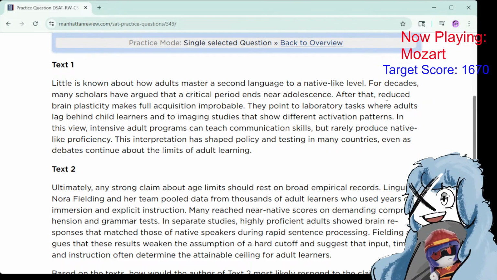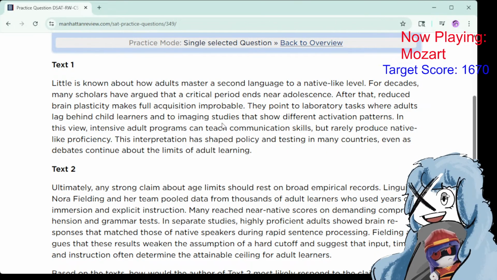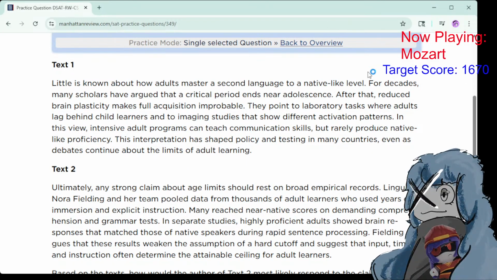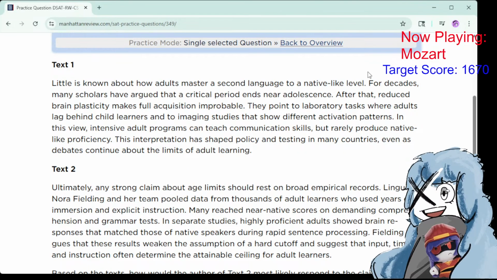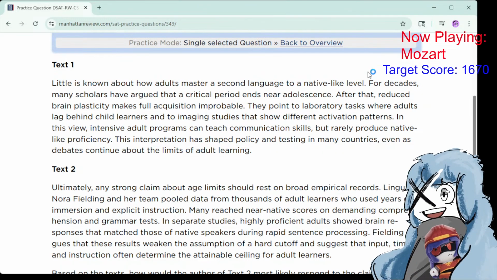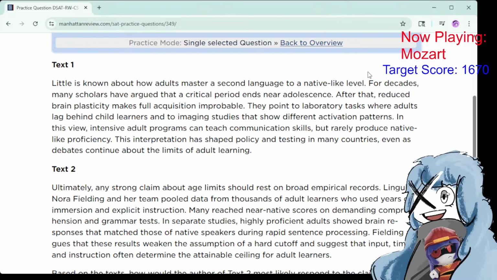They point to laboratory tasks where adults lag behind child learners and to imaging studies that show different activation patterns. In this view, intensive adult programs can teach communication skills but rarely produce native-like proficiency. This interpretation has shaped policy and testing in many countries, even as debates continue about the limits of adult learning.